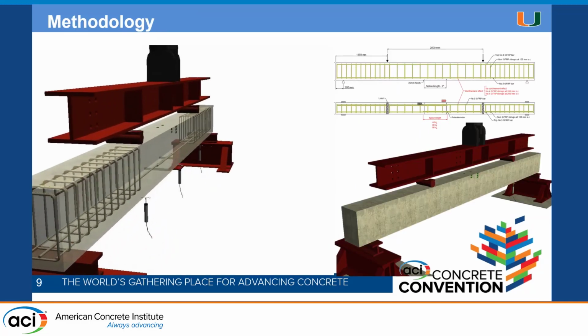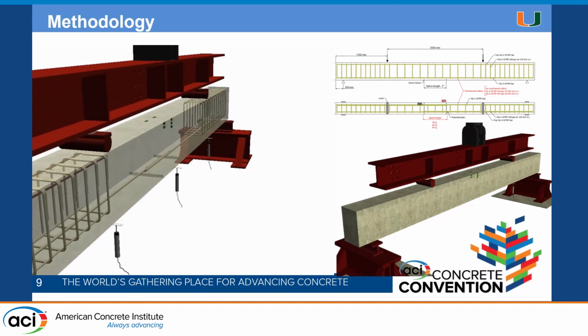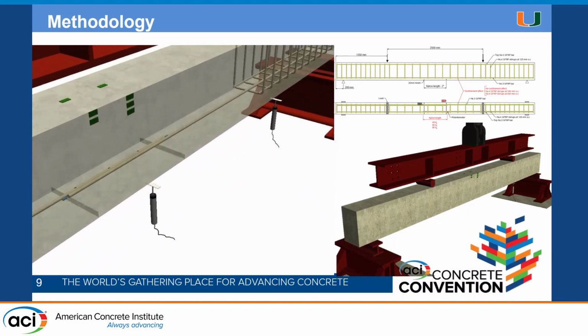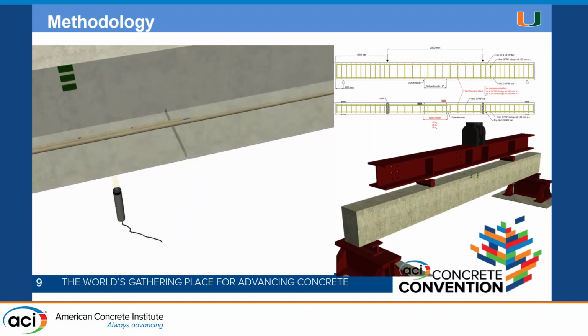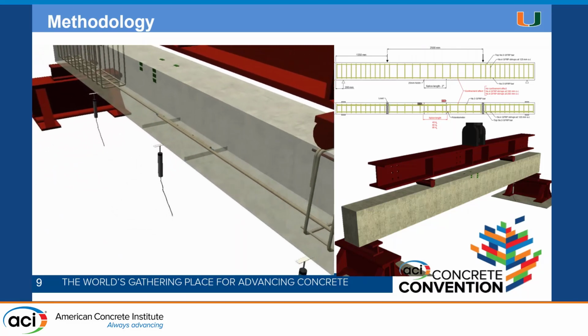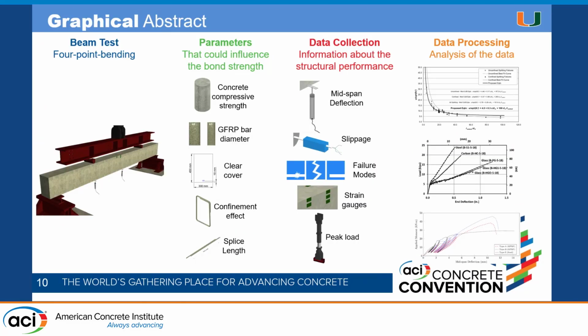We're casting almost 70 beams, 300 millimeters wide, 450 deep, and 5 meters long. This is a scheme of those beams that we are testing at the University of Sherbrooke in Canada. This is the graphical abstract: a 4-point bending test to have a constant moment region, with different parameters: the concrete compressive strength, the GFRP bar diameter, the clear cover, the confinement effect with the stirrups, and the splice length that, of course, we want to discuss.